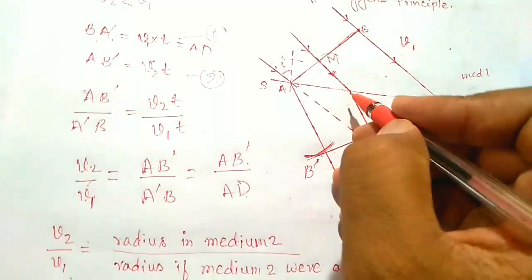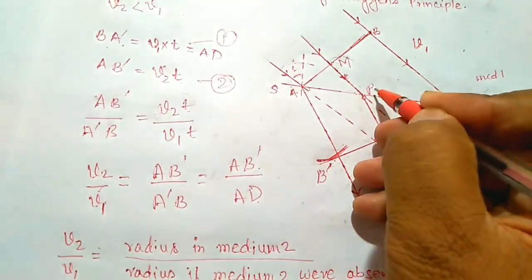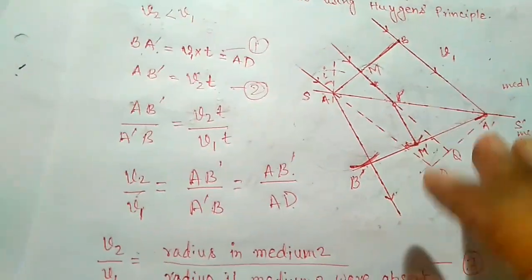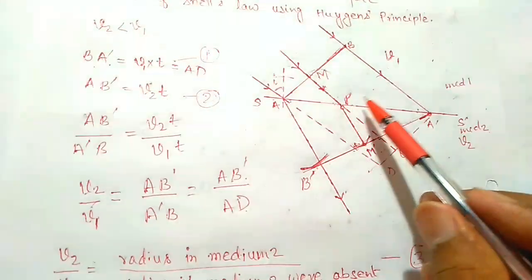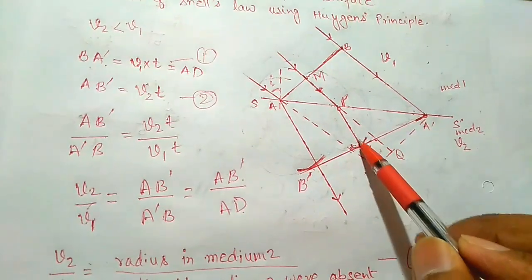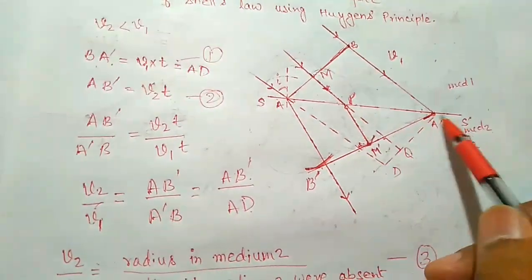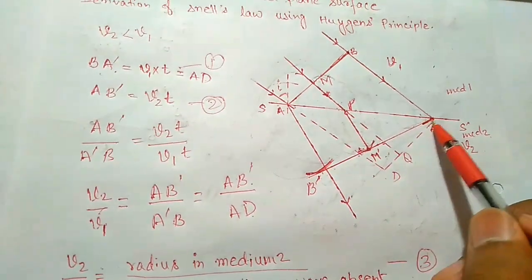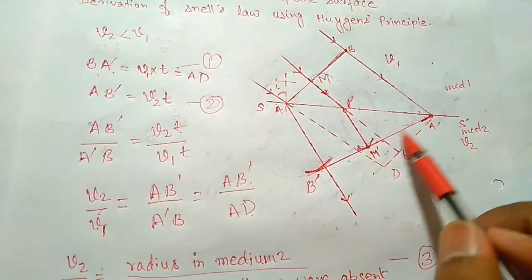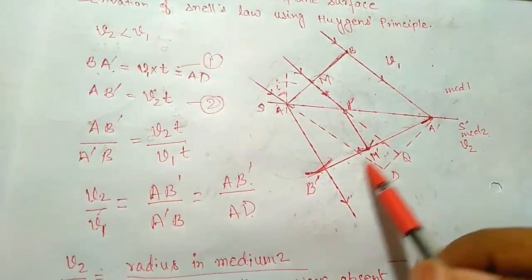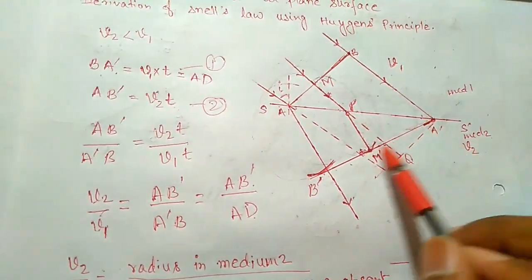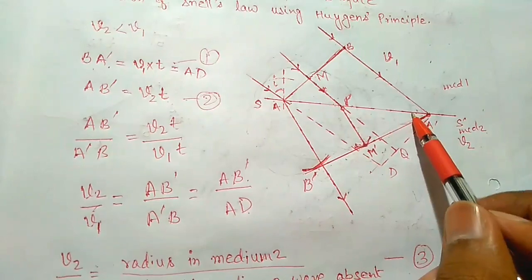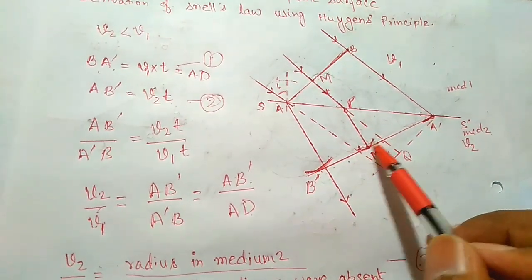Now we will take this point as point P and take two triangles: P A dash M dash, this is the small triangle, and second A dash B dash, the bigger triangle. You can see in this bigger triangle and in this small triangle, this angle is common and these are perpendicular rays.